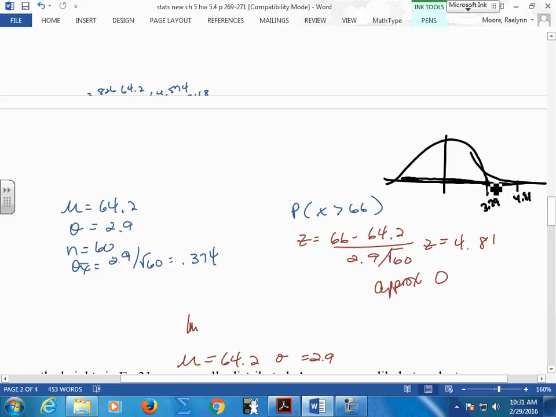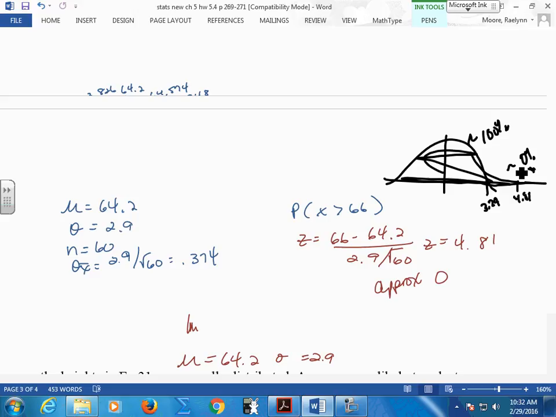Virtually, what is the area to the left? 100%, approximately. What is the area to the right? Approximately 0. So when you're off the table on the right side, the area to the left is approximately 100%.